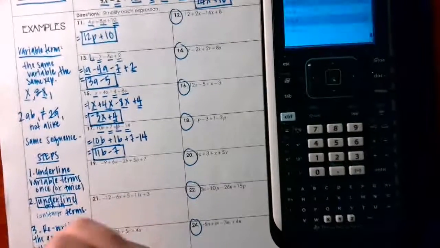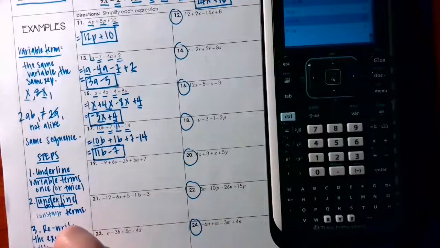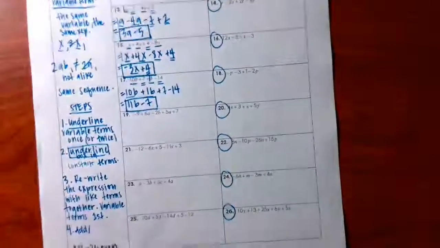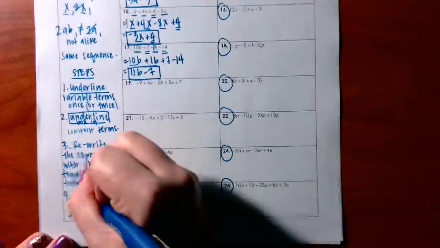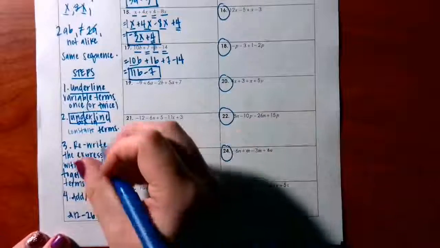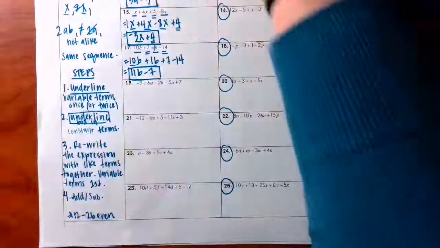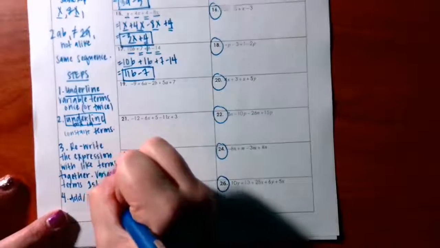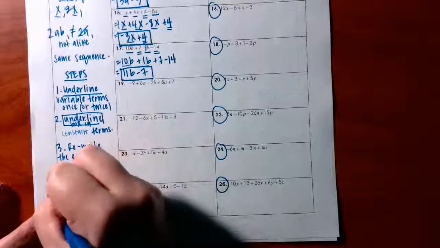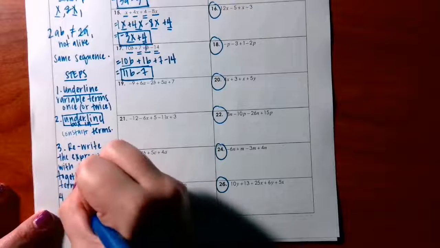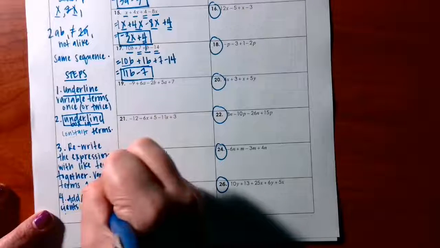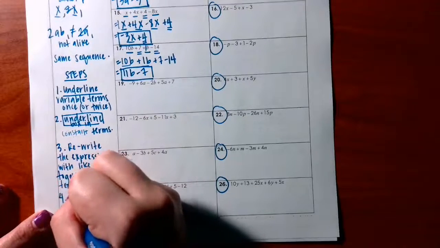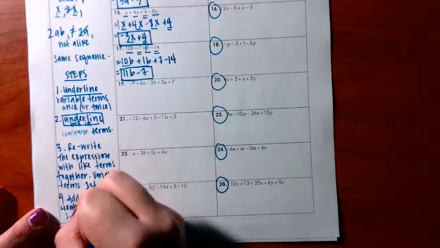Then you're going to add or subtract. And to add or subtract the coefficients of variable terms. Then you're going to simplify the rest. So 5 steps.